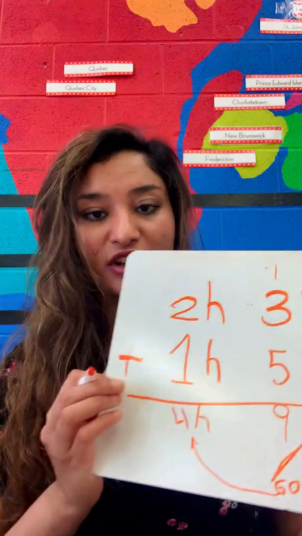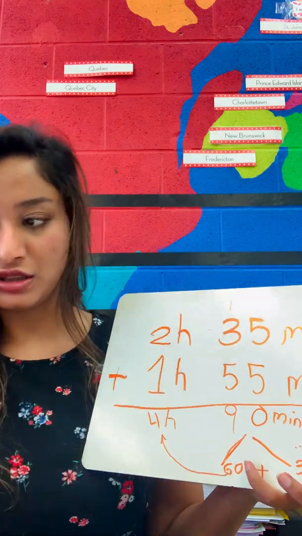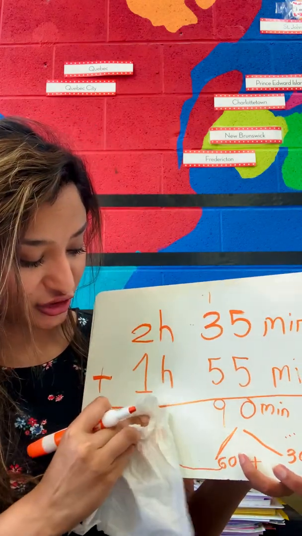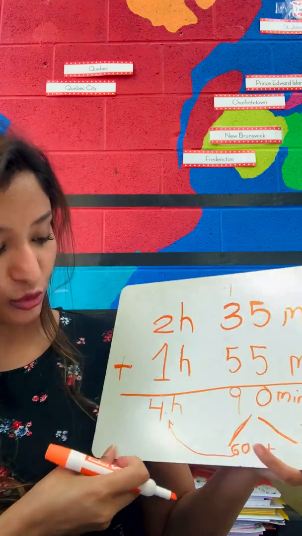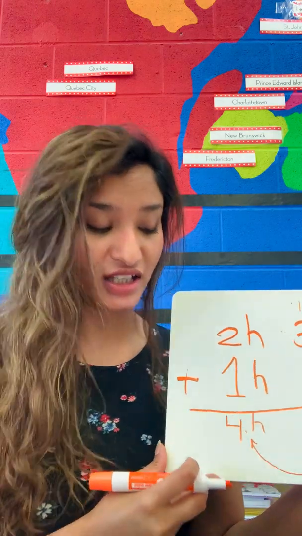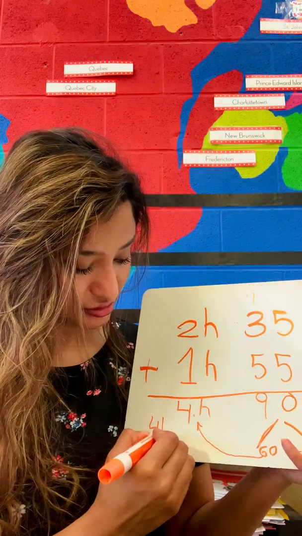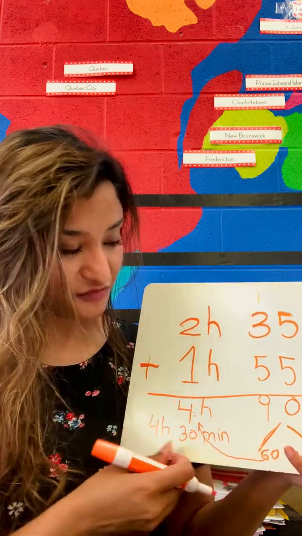I am so sorry, my writing, I am sure, looks horrible on your screen. Okay, 4 hours and 30 minutes. So that's how long it took him, okay? 4 hours and 30 minutes.